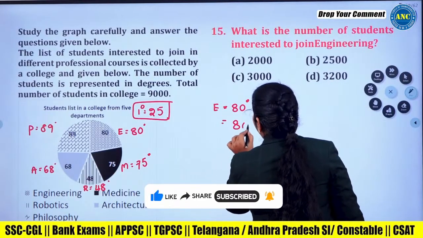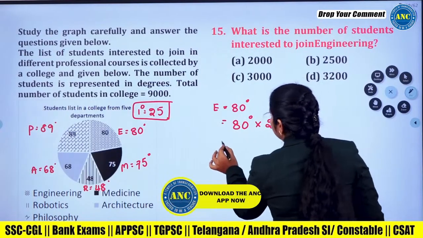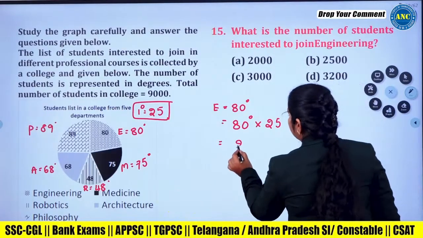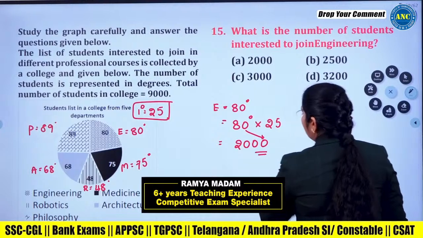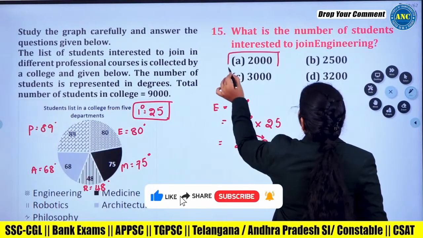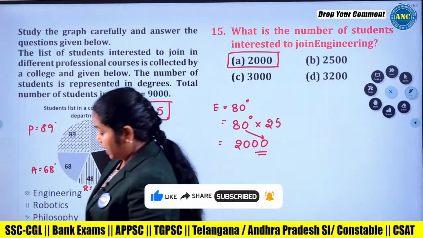It will be 80 degree into 25. 25 8s are 200, and this 0 comes here, it's 2000. Option A, 2000 is the correct answer. Done? Are you all with me?